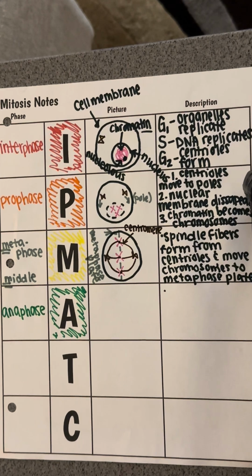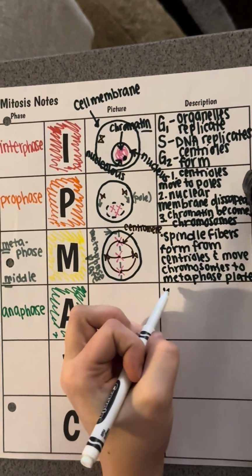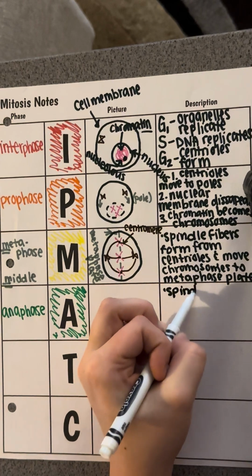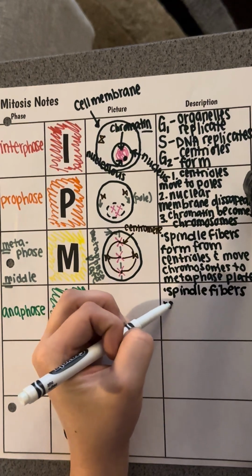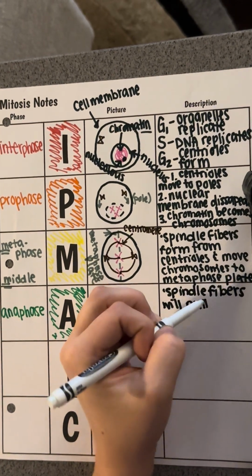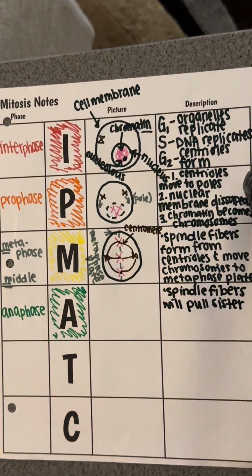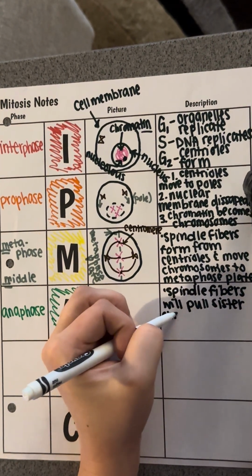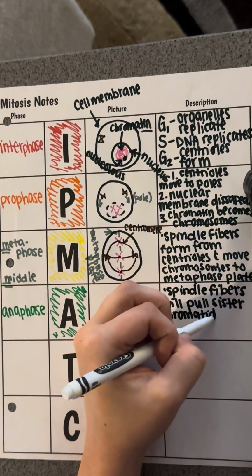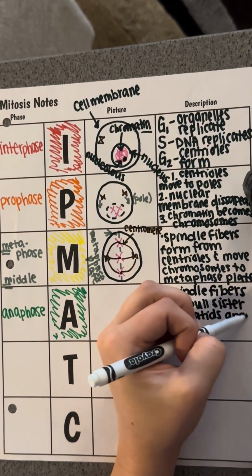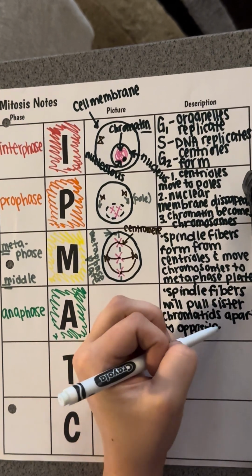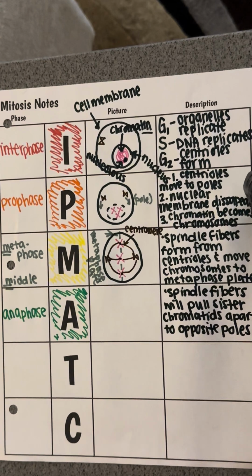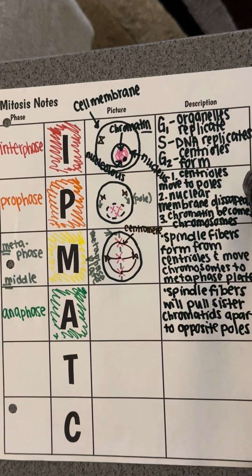Anaphase, these spindle fibers will pull sister chromatids apart to opposite poles. Spindle fibers are going to pull sister chromatids apart to opposite poles.